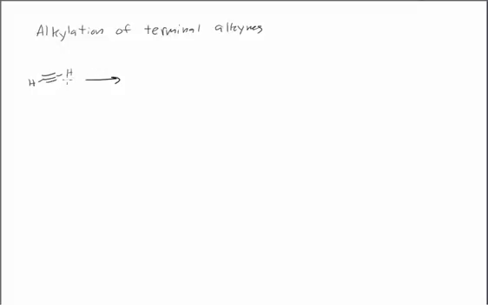So the idea is that these hydrogens here have rather high acidity for a hydrogen attached to a carbon, and so we can use NaNH2, which is the same as NH2 anion. This is a strong base, and this is the pKa here of 25.